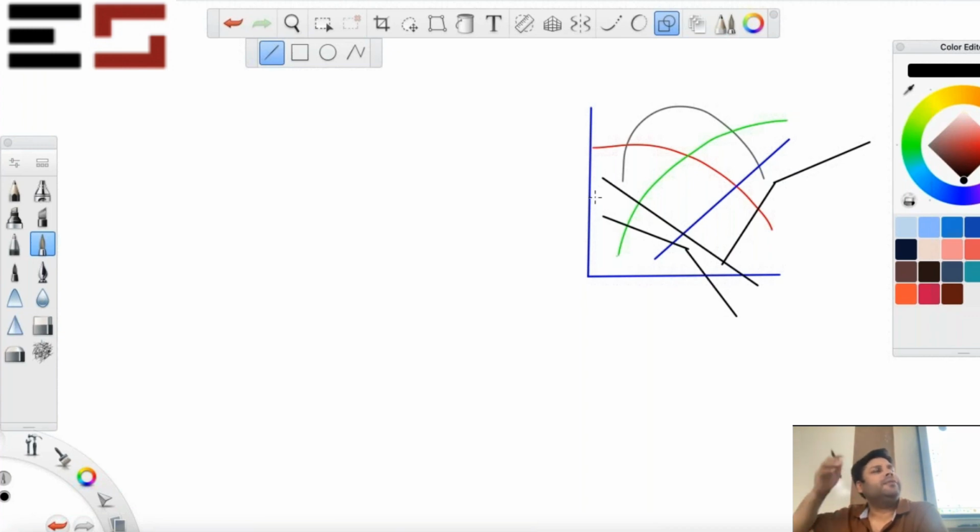First of all, I'll give you that particular property in graph form, and then I'll give you formally what that property means. What do you think if I just pick a secant line? What is a secant?